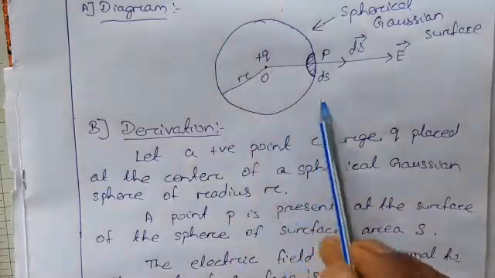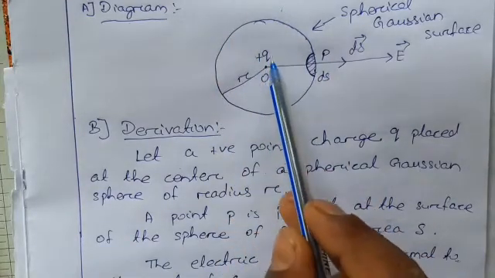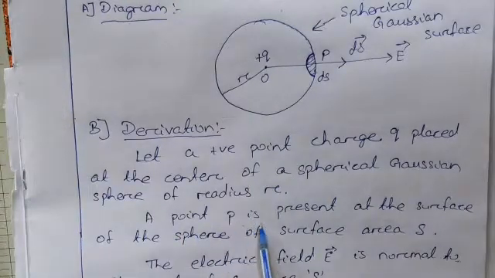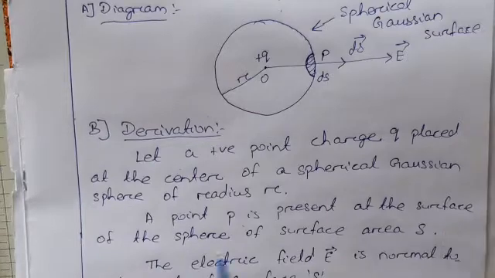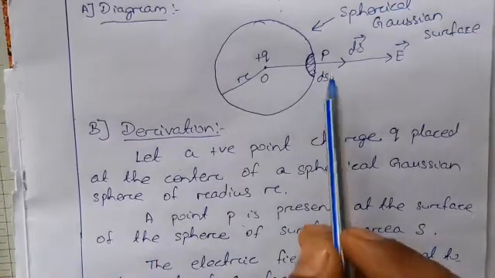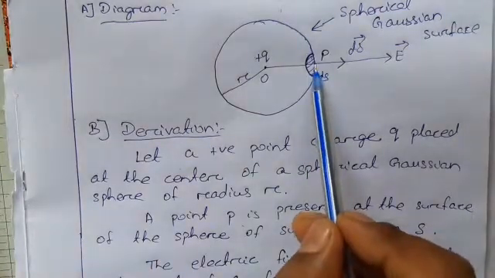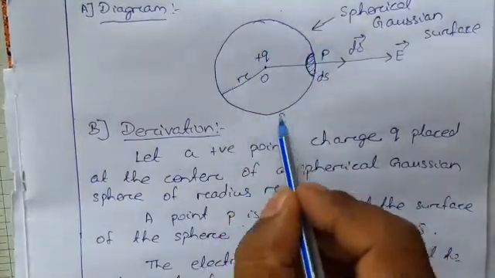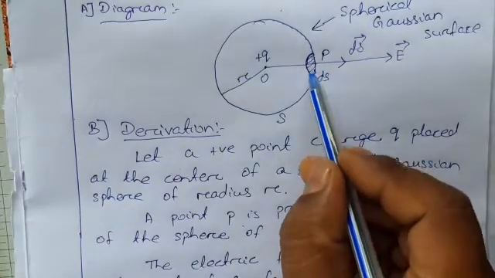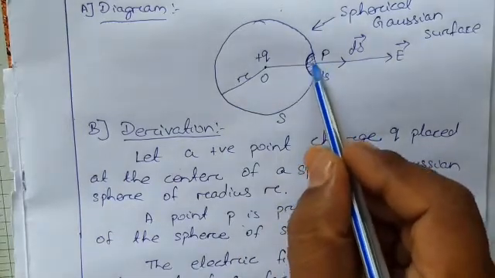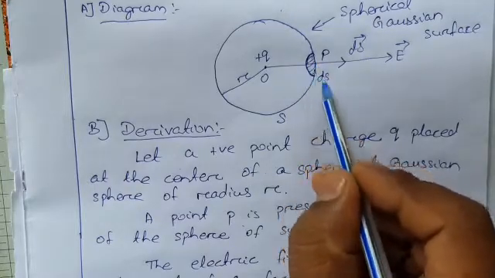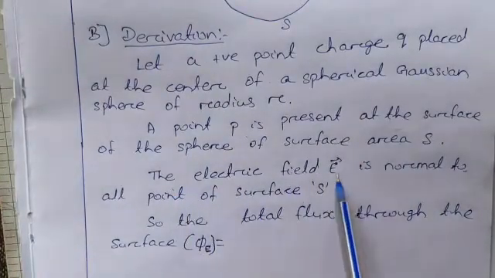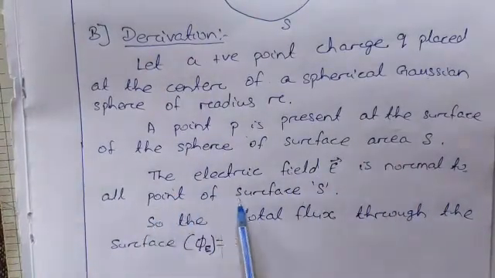At point P, on the surface of the sphere of surface area S, we have taken around P a small surface area ds. The electric field is normal to all points of the surface.